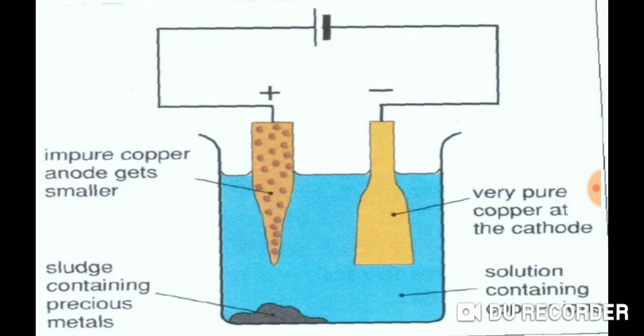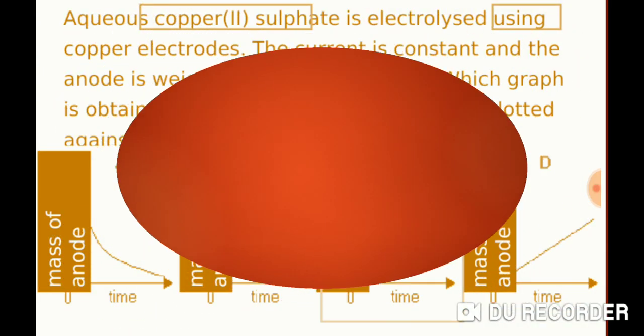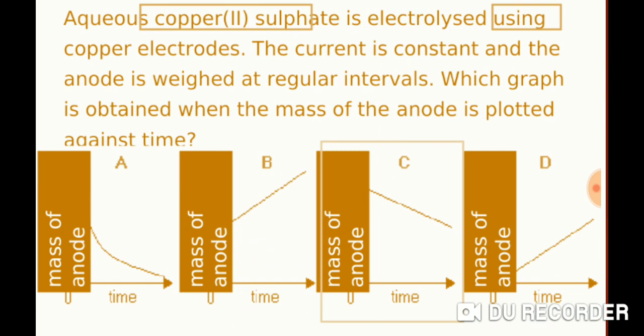Keep in mind, sometimes the question comes, what type of metals do we obtain in anode mud? In anode mud, we get some precious metals like gold, platinum, etc. We also call those metals inert metals. So anode mud contains some precious metals.